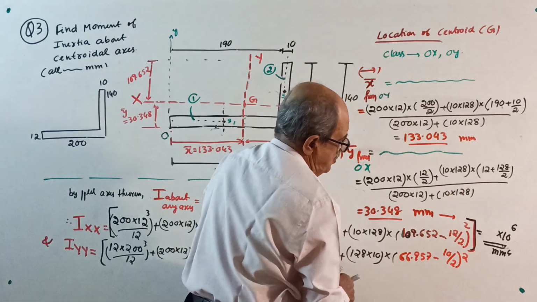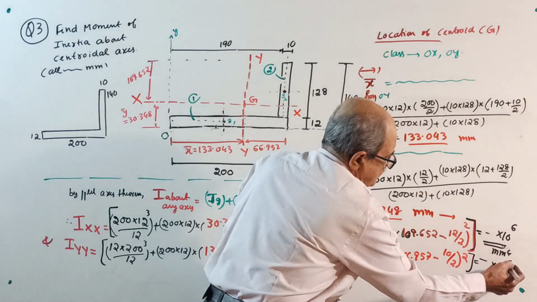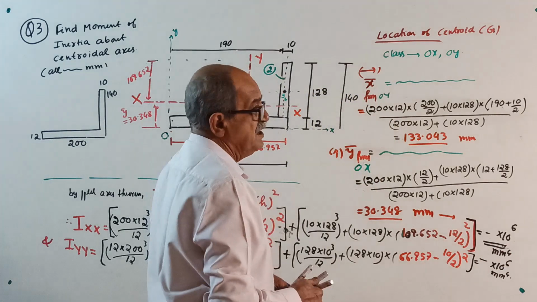Over. Write the answer whatever you get in 10 to the power 6 millimeter power 4. So the question is completed.